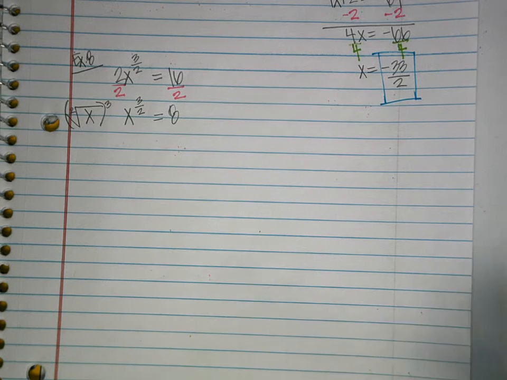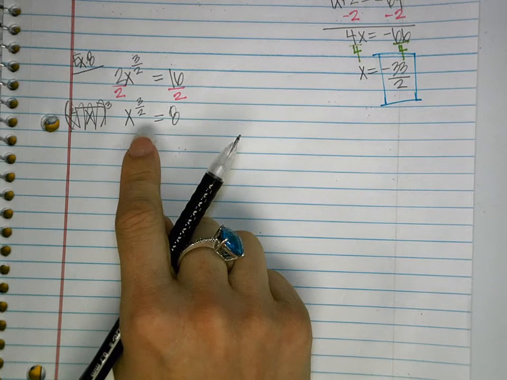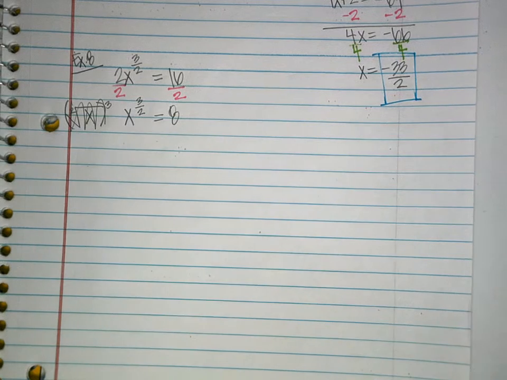Does anyone remember how you get rid of a fractional power? Very carefully. Multiply it by what? Its reciprocal.